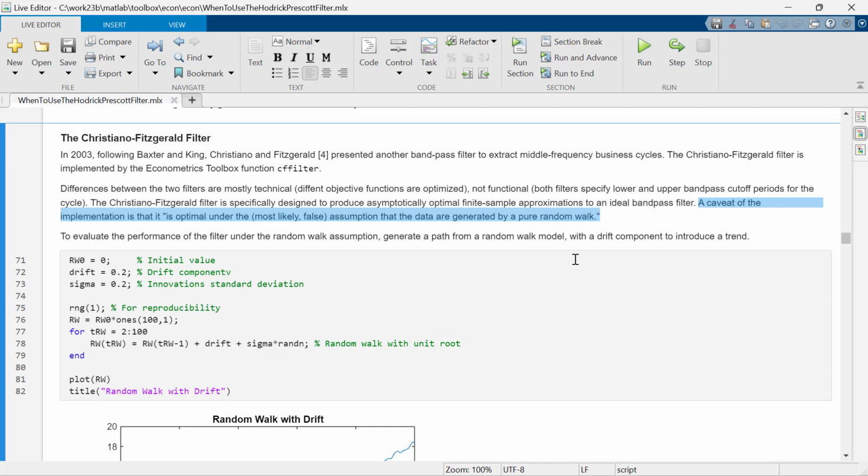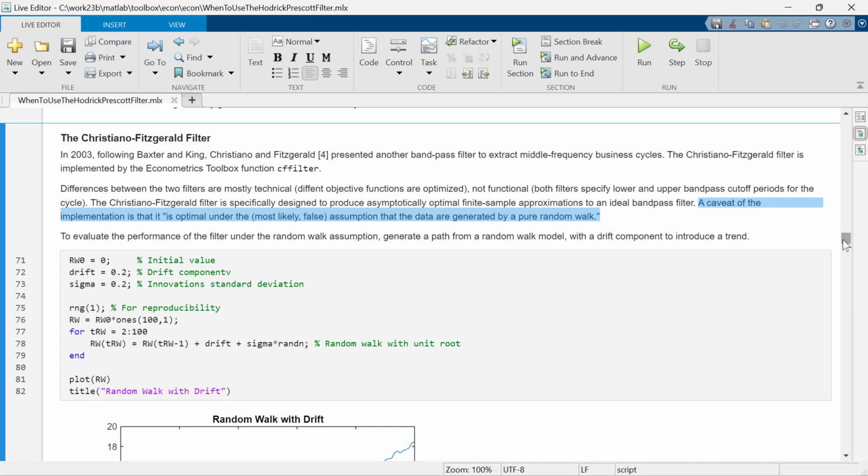Whether the data have unit roots or not has serious implications for doing things like forecasting, which is one of the things that people extracting business cycles are most interested in. So there's an ongoing discussion about the possibility of this assumption being true or being false in particular economic data.